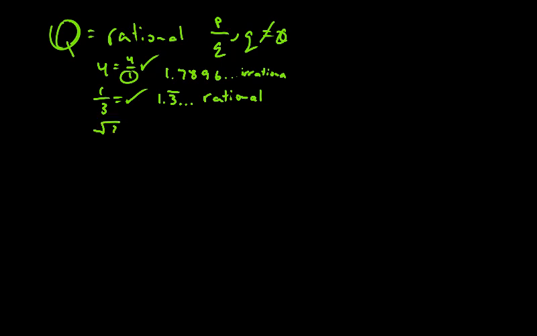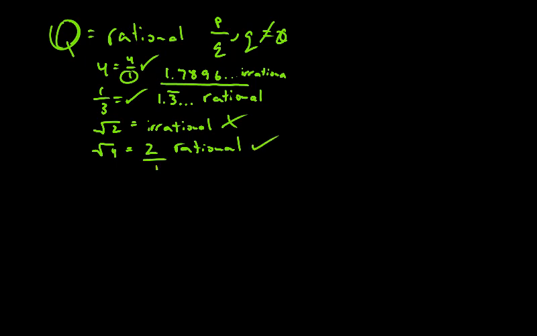So root 2 is going to be irrational, because if you put this in your calculator, it's going to be an infinite decimal without a pattern. Root 4, however, would translate as 2, and this is going to be a rational number because I can write it as a fraction, and the denominator is not 0.